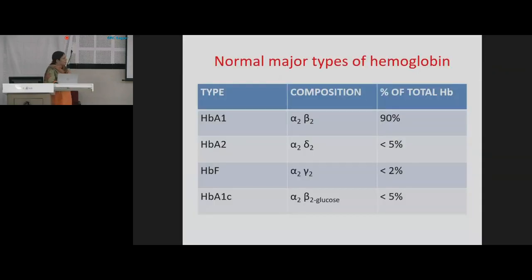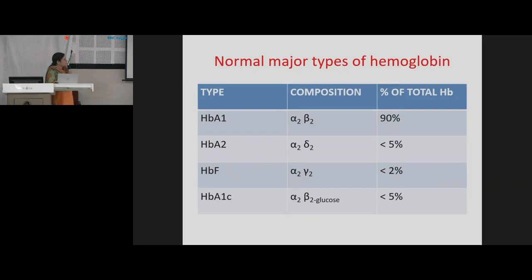Now these are the normal types of hemoglobin. Hemoglobin A1 makes up about 90% of adult hemoglobin. It contains alpha 2 beta 2. Hemoglobin A2 contains alpha 2 delta 2, less than 5%. Hemoglobin F, that is fetal hemoglobin, is less than 2%, or it is totally replaced by adult hemoglobin by the end of the first year.